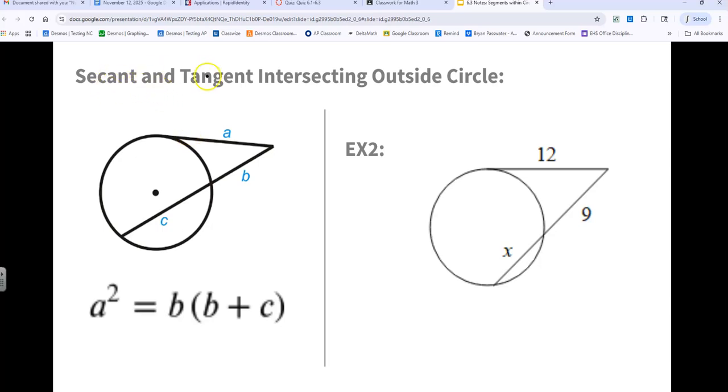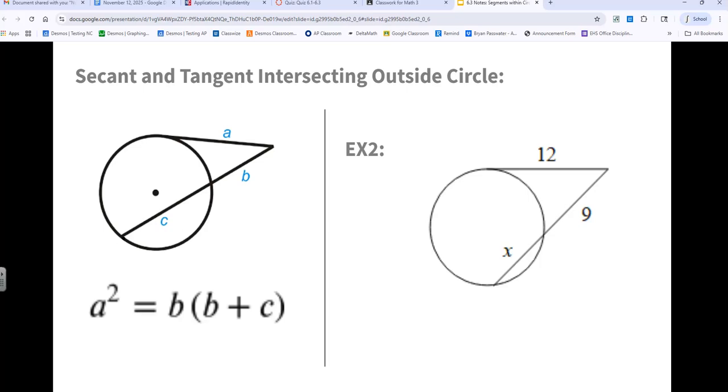We've got here a secant and a tangent intersecting outside of a circle. So the rule is that whatever A is, squared, is going to equal B times B plus C. Okay?